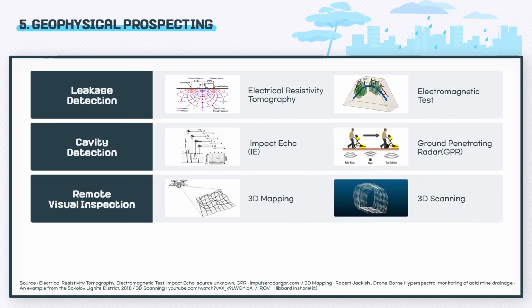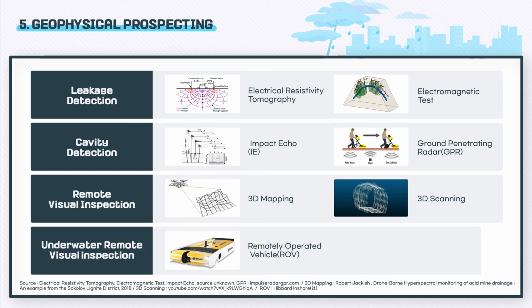As shown, various geophysical prospecting methods such as electrical resistivity tomography or impact echo are applied. Furthermore, to investigate areas that are difficult to observe with the naked eye, UAV and ROV devices are used. Let's take a closer look at geophysical prospecting.